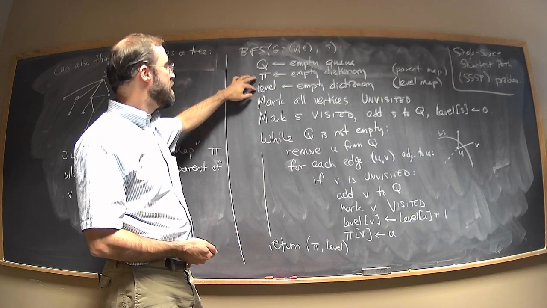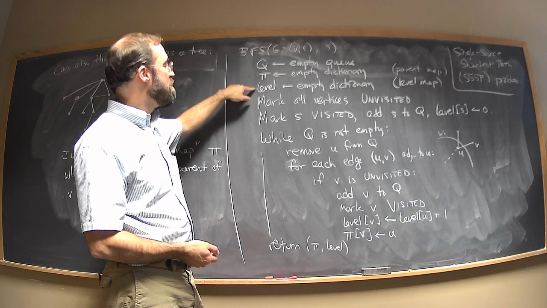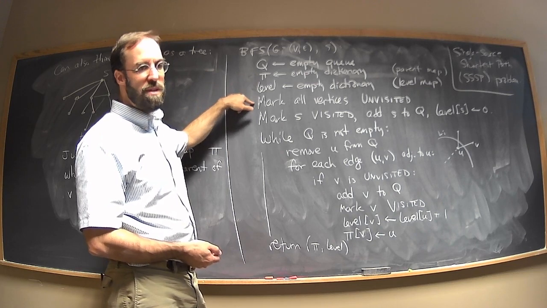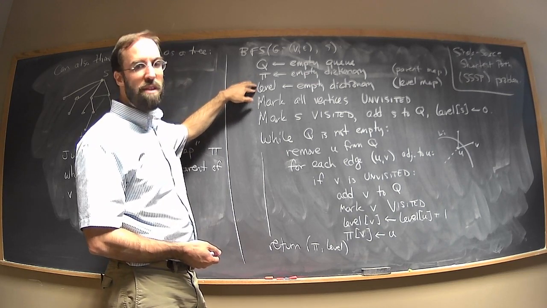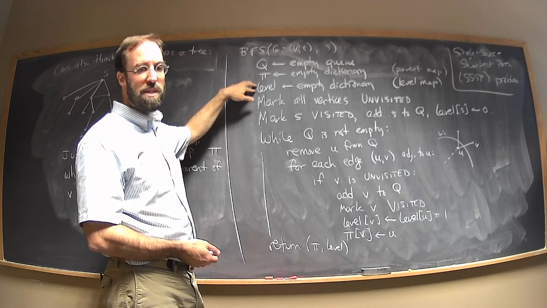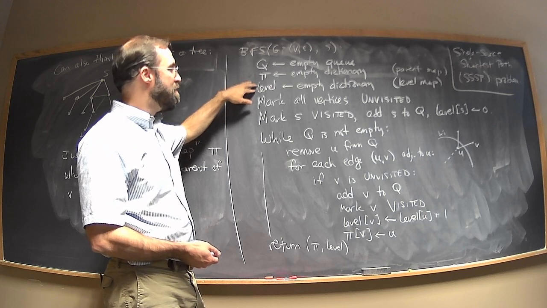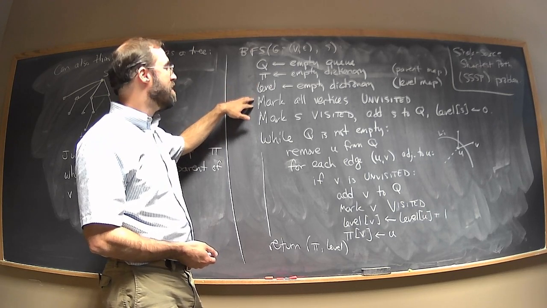You can also sometimes use a trick where you reuse the level map or the parent map to know whether something's been visited. For example, if you initialize the levels to all -1, then you know whether something's been visited based on whether its level is still -1. Then you don't need a separate step for marking something as visited.